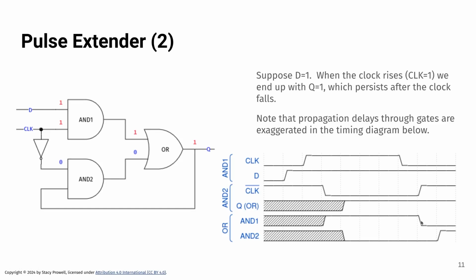That means one of the inputs to the OR is now 0. Maybe both are now 0. But if we take a look at this, we'll see that the inverted clock, after a small delay to go through the inverter, rises to 1 at about the same time as AND 1 produces its result. So now we have a 1 here.